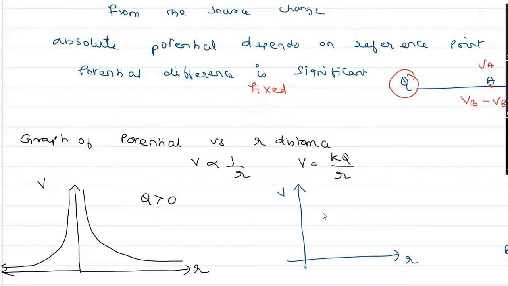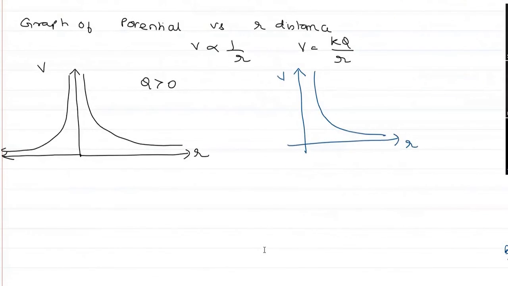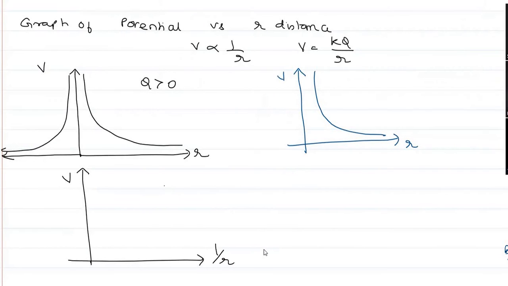V versus r is only a rectangular hyperbola. If they ask you V versus 1 by r, then it has a direct relation for Q greater than 0, and you will get a straight line graph. Here V is directly proportional to 1 by r. This is for positive charge.